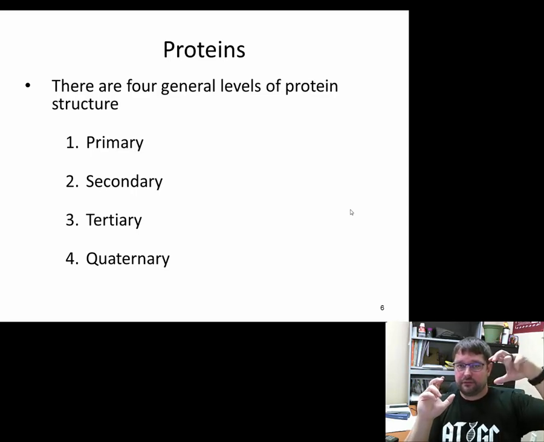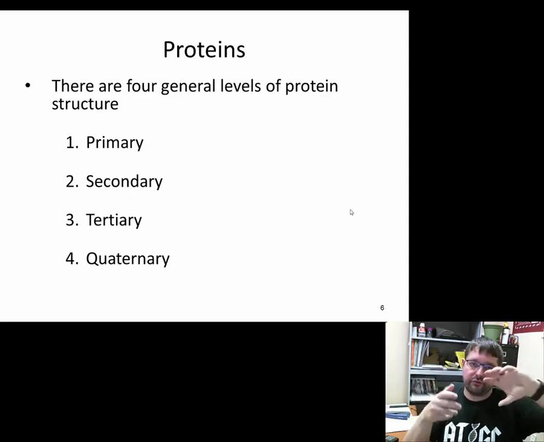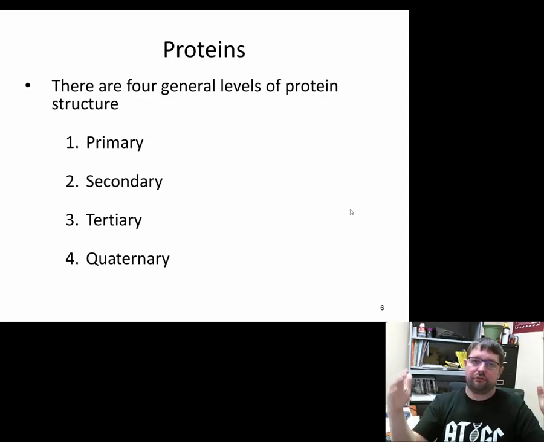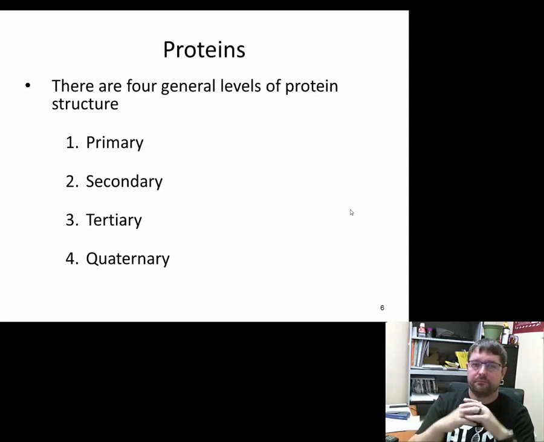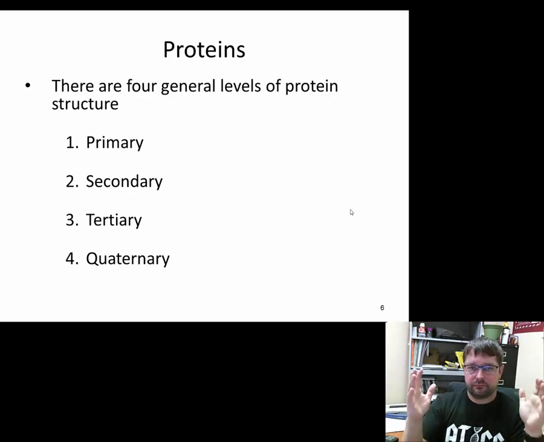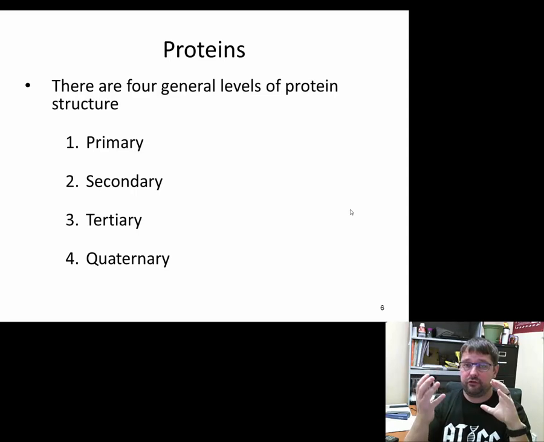Secondary structure is how that primary structure folds. Is it twisting? Is it forming a coil? Is it forming a helix? Is it forming a sheet and folded over on top of each other? How does the protein itself initially fold? Tertiary structures are more 3D shaped.